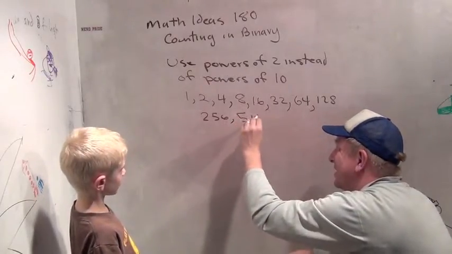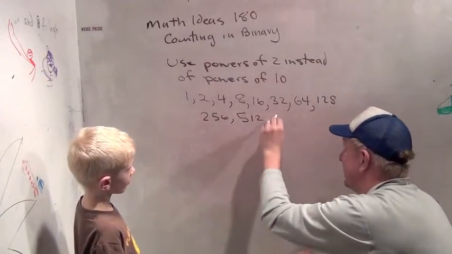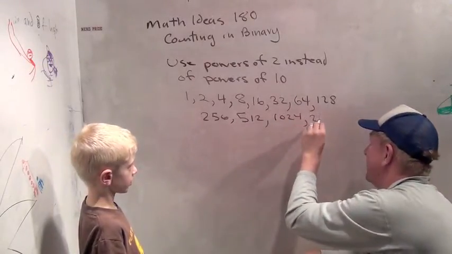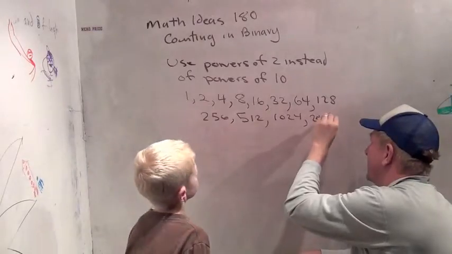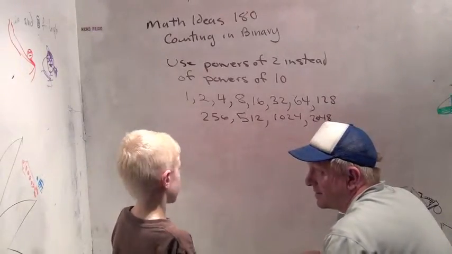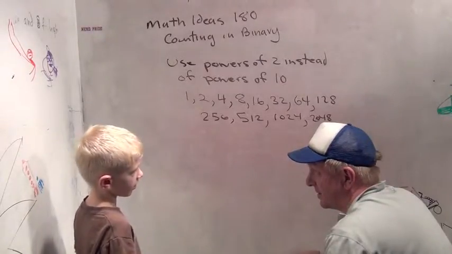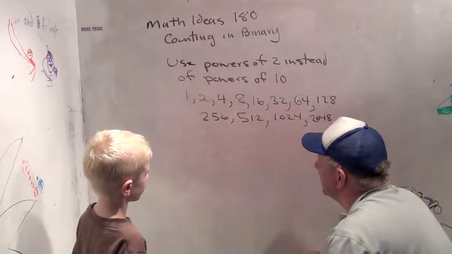How do you know all these? 1024, 2048, 4096. Very good. Wow.